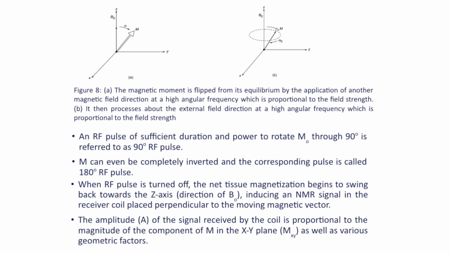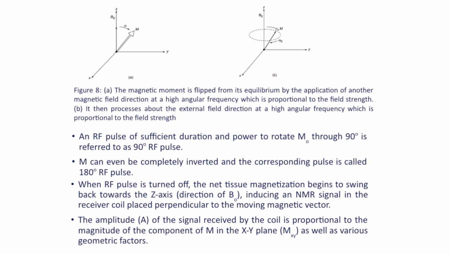In figure 8a, we can see that the magnetic moment is flipped from its equilibrium by the application of another magnetic field direction at a high angular frequency, which is proportional to the field strength. And in figure 8b, we can see that it then precesses about the external field direction at a high angular frequency, which is proportional to the field strength.